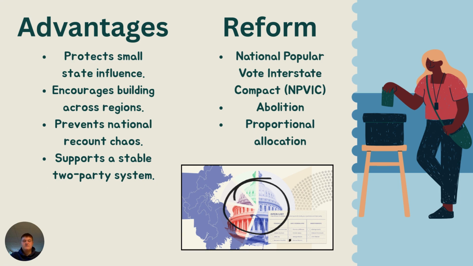This means that on the federal level, they would take a percentage of each party that received votes. So if one party received 45% of votes and another party received 55%, they would take 45% of electors and give it to one party and 55% and give it to the other party.